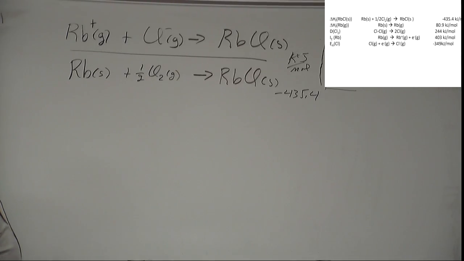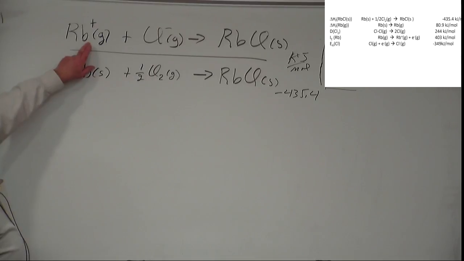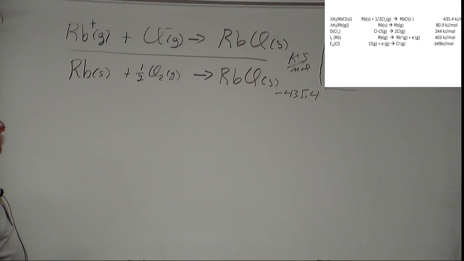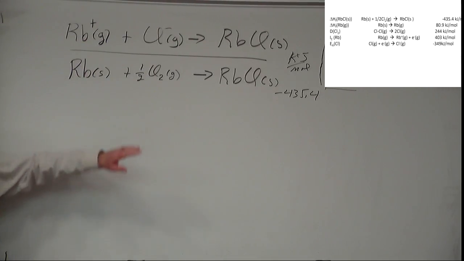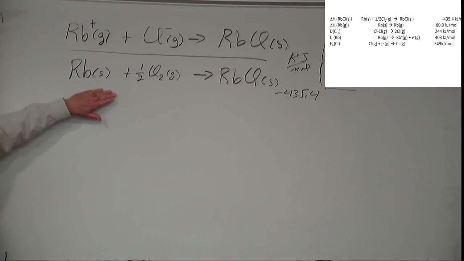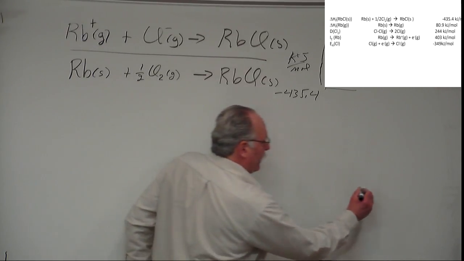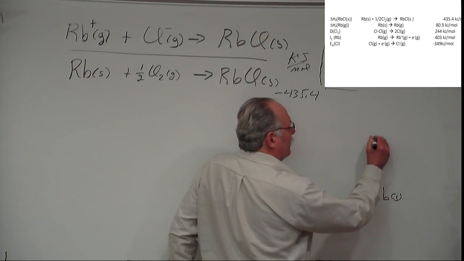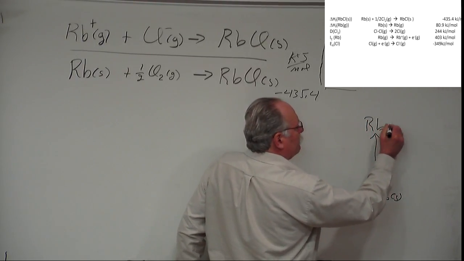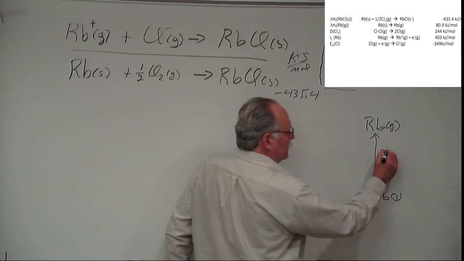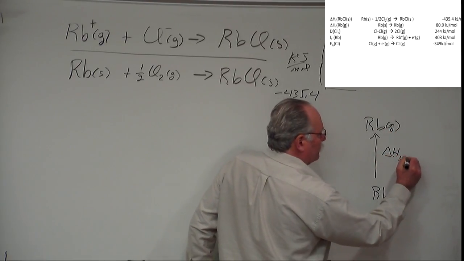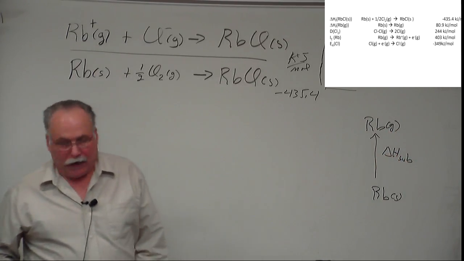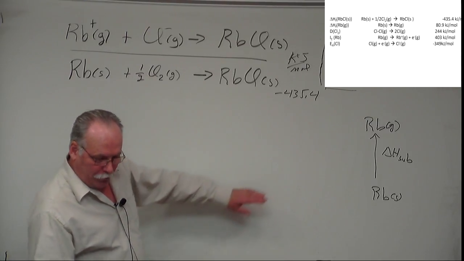Now, I have rubidium as a solid. I want it as a gaseous cation, okay? So I could go over and find the enthalpy of sublimation. That is, if I have rubidium as a solid, and I add energy to it, I can make it a gas, and that's the delta H of sublimation, which from our table up here is 80.9.